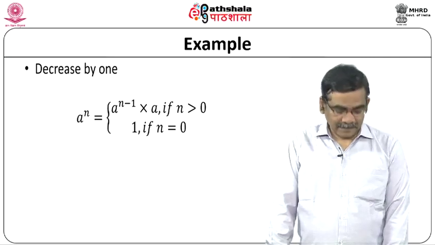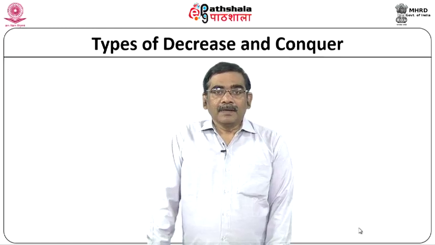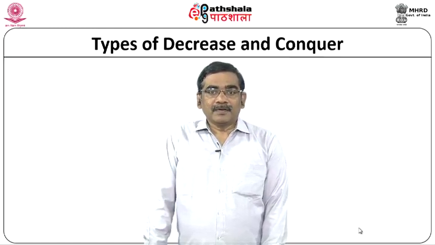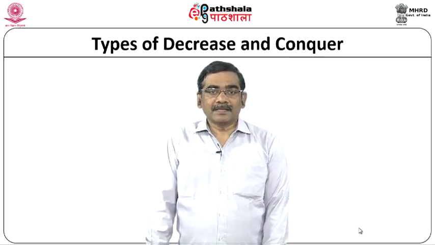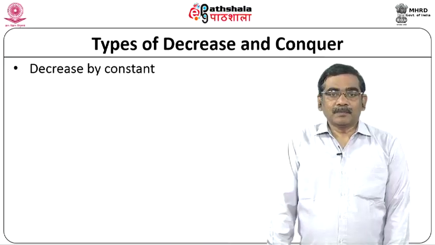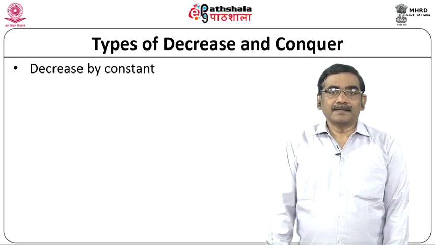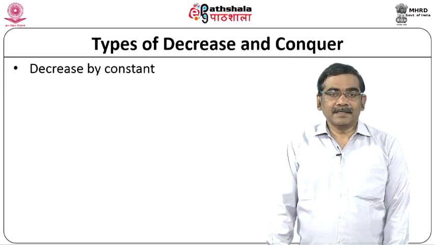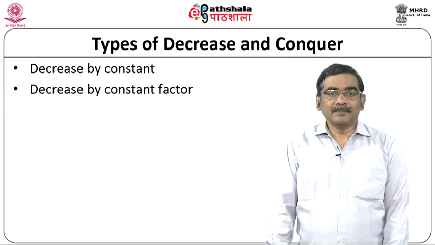This is what we call the insertion, union, addition or multiplication to get the solution of the larger instance. There are different types of decrease and conquer strategy. These are some of the most popular ones. Based on how we reduce the instance, we can say decrease by a constant, where the decrease is in terms of a constant, and decrease by a constant factor.